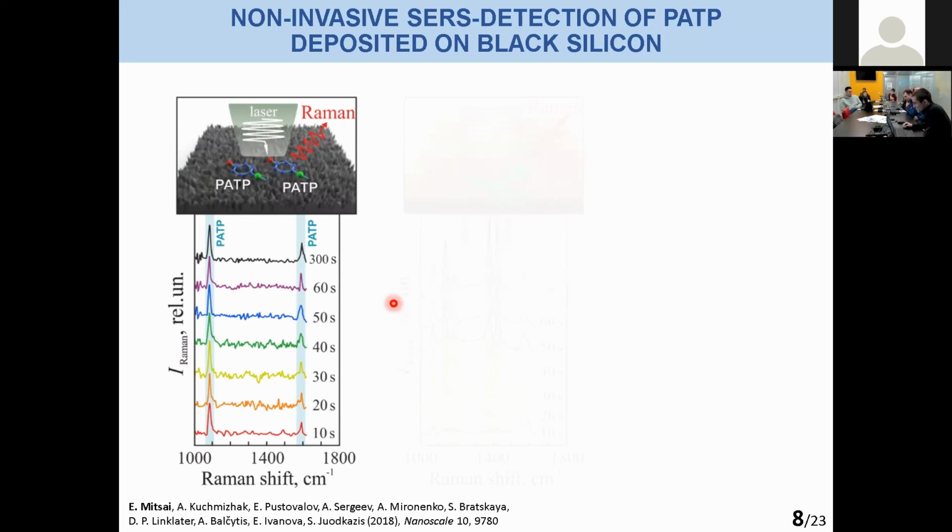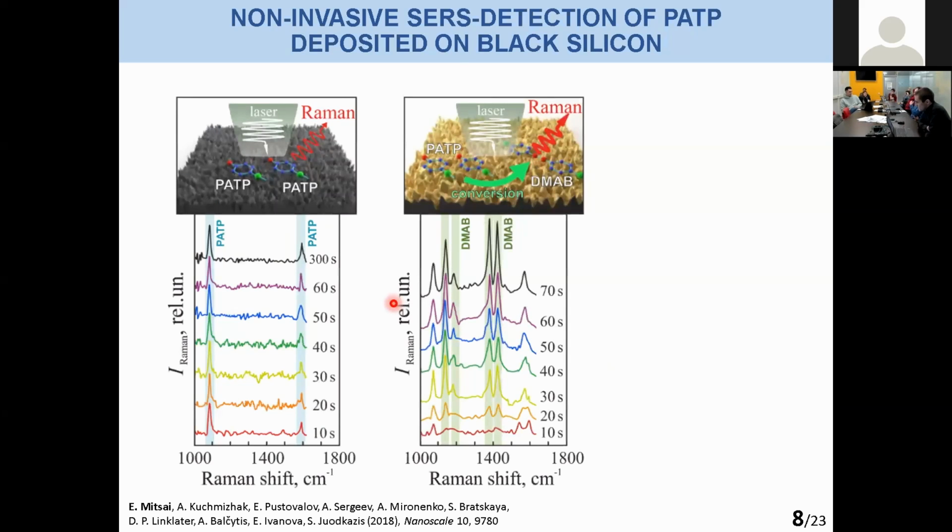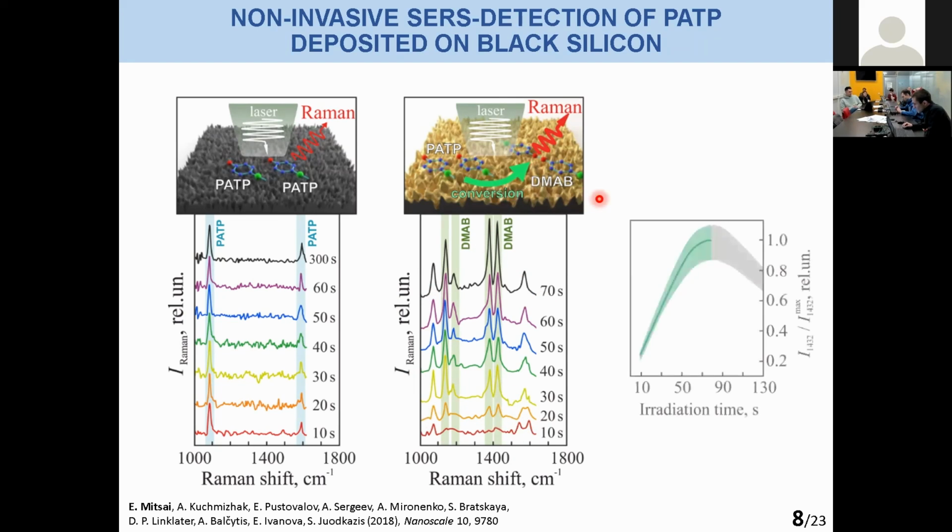Similar measurements carried out on a black silicon surface covered with a thin layer of silver result in DMAB lines appearing in the Raman spectra already after 20 seconds of laser radiation, which tells about quick conversion of PATP molecules. And by monitoring the evolution of intensity of the DMAB band, we can estimate the rate of this chemical reaction.